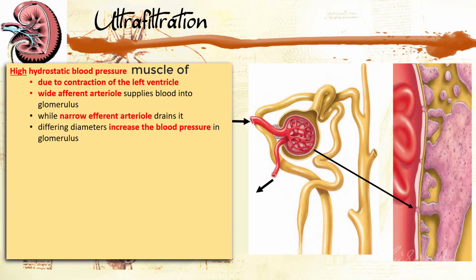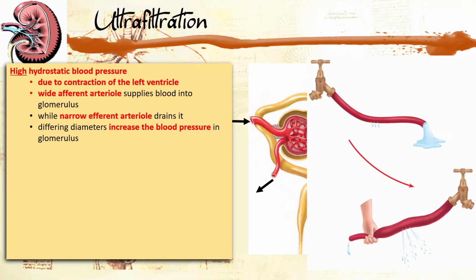If you look carefully at the two arterioles over there, you will see that there is a difference in the size of their diameter. The arteriole supplying blood into the glomerulus has a wider lumen compared to the arteriole draining blood away from our glomerulus, and this will help to increase the blood pressure.